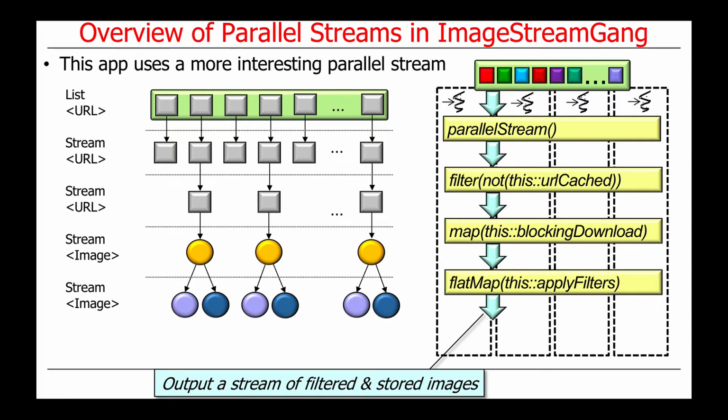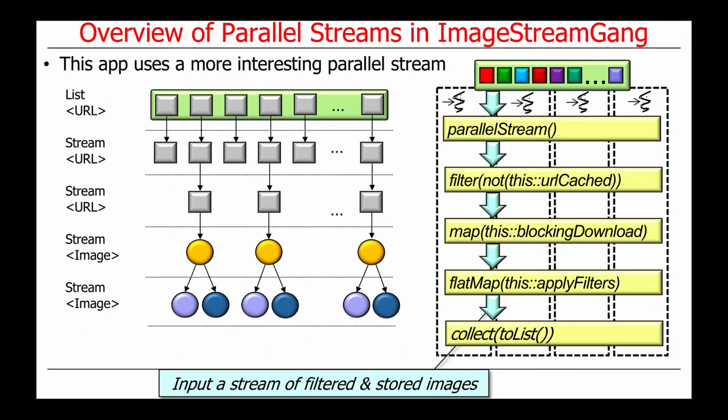That's because it will apply each of the filter transforms to the downloaded image. Let's say that there were n images and m transforms, or m filters. We would end up with flat map then returning n times m images that have been filtered and stored. So that'll be an increase in the number of images in the stream that come out of flat map.